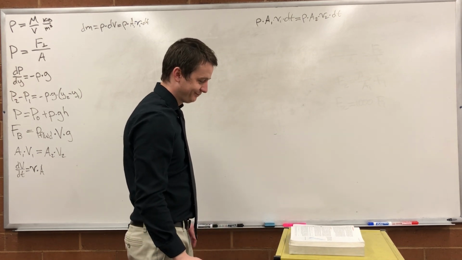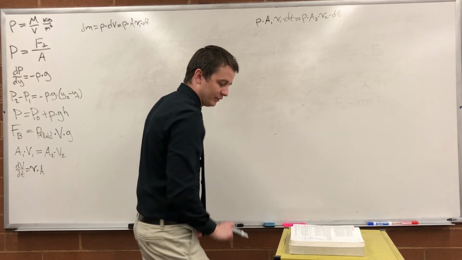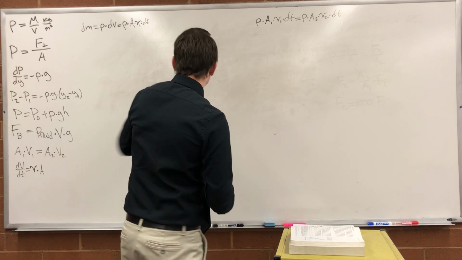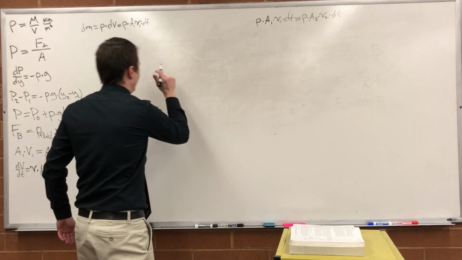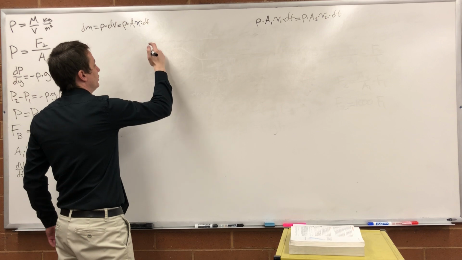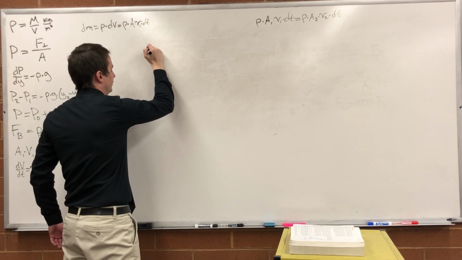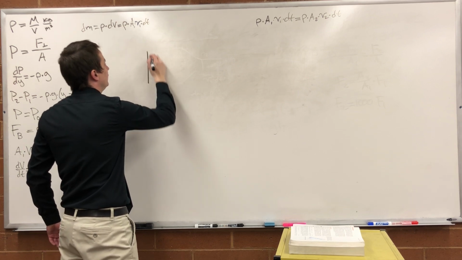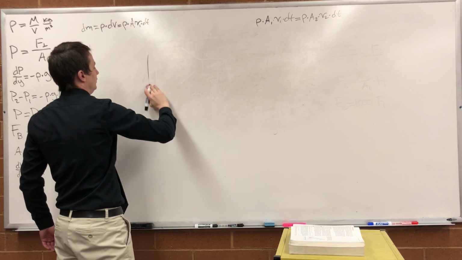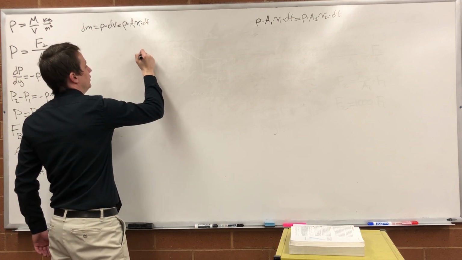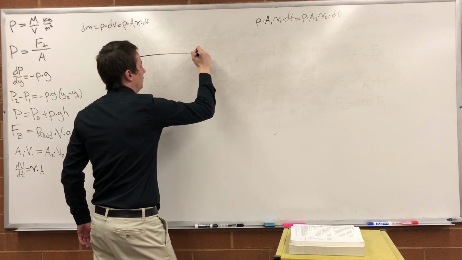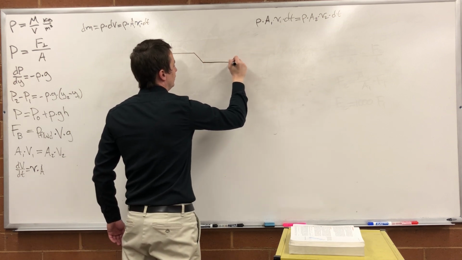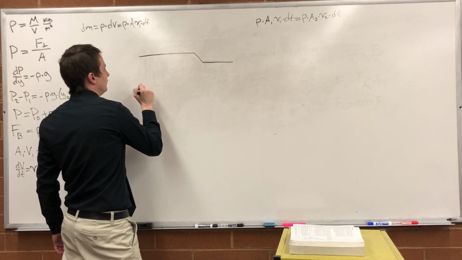Got 26 of them. Okay, so finally deriving Bernoulli's equation. And I'm going to set up a similar picture to what we had here before. I'll draw the edge of the pipe first. It's going to go along, and all we know is that at some point the area changes.